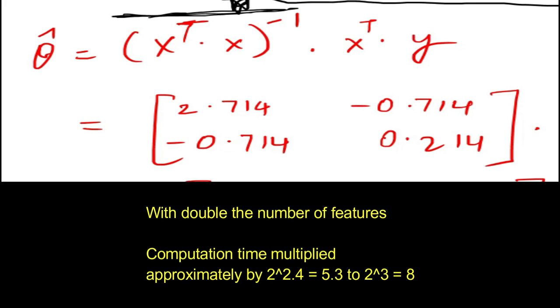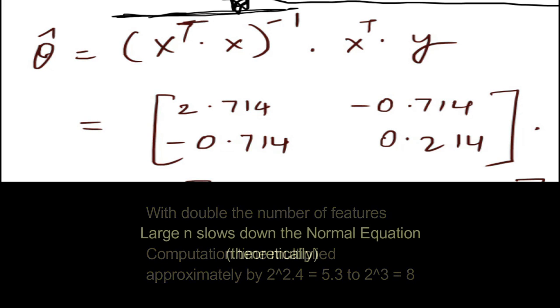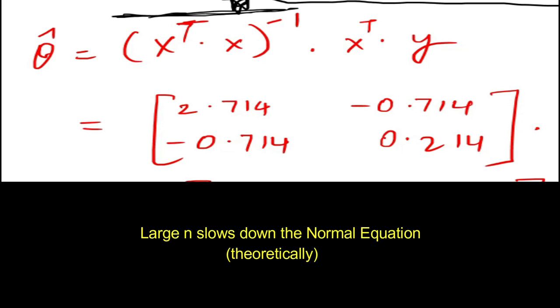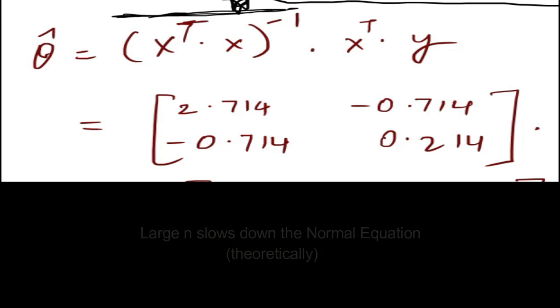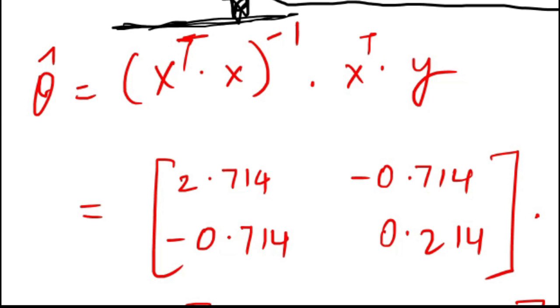Theoretically, the computation for normal equation for very large feature sets, that is, very large n, becomes too slow for practical use. But in my experience, I found the time taken varies based on the data type and size combinations of features.